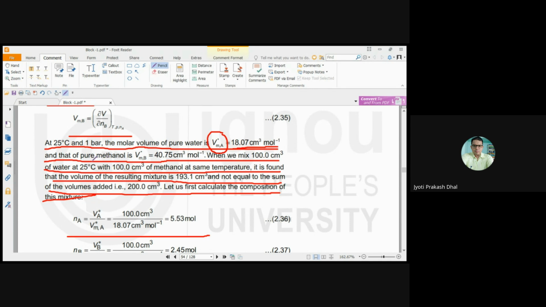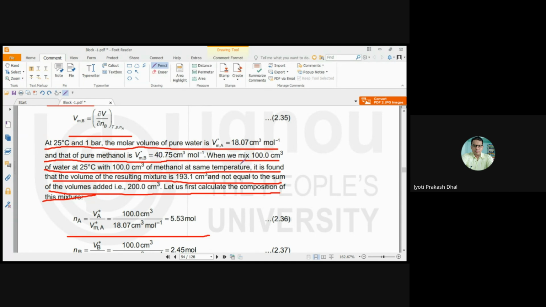And similarly, the molar volume of pure methanol is 40.75 ml per mole. That means the volume of 1 mole of pure water is 18.07 ml, and the volume of 1 mole of pure methanol is 40.75 ml.